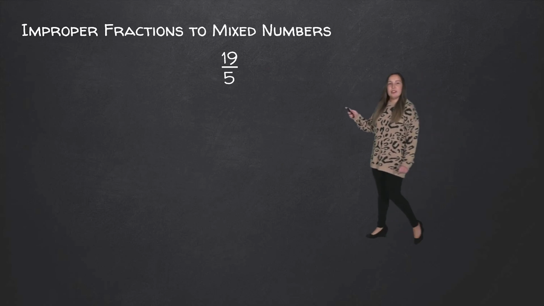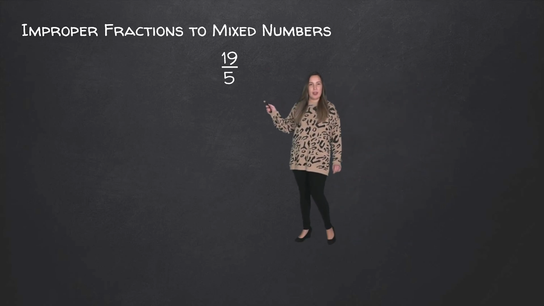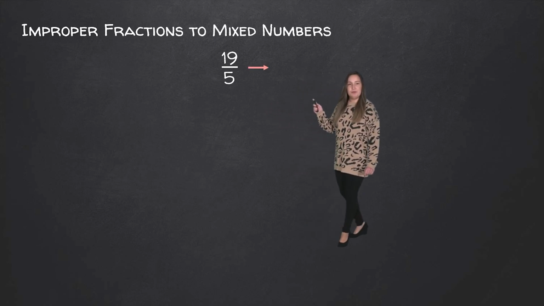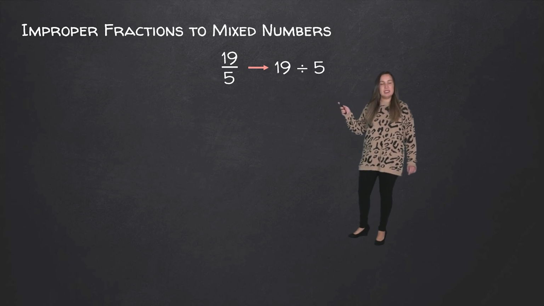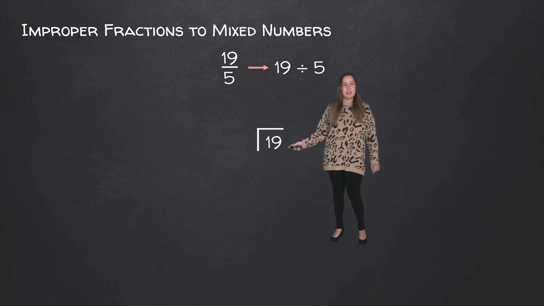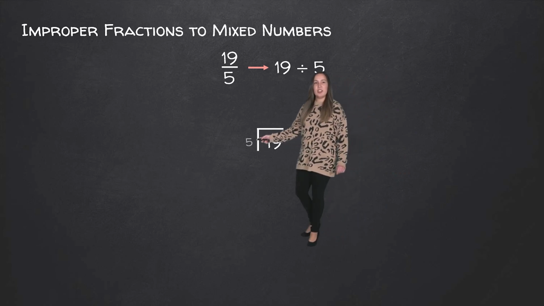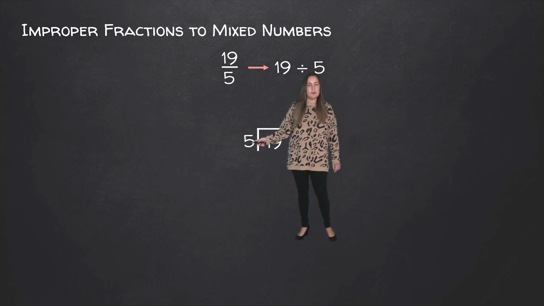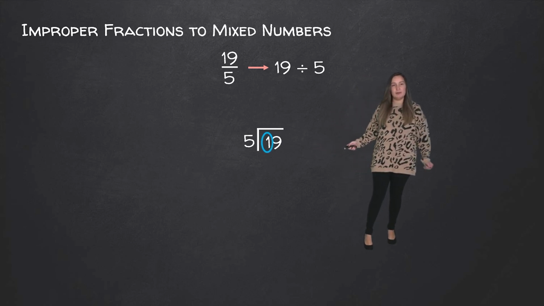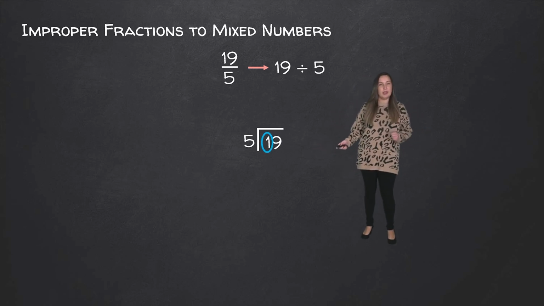Here we have our final example, which is 19 over 5. And we're going to rewrite that as a division problem. And so we have 19 divided by 5. Remember that our dividend is our numerator and our divisor is our denominator. Then we ask ourselves, how many times does 5 go into 1? And it does not go into 1 any times.